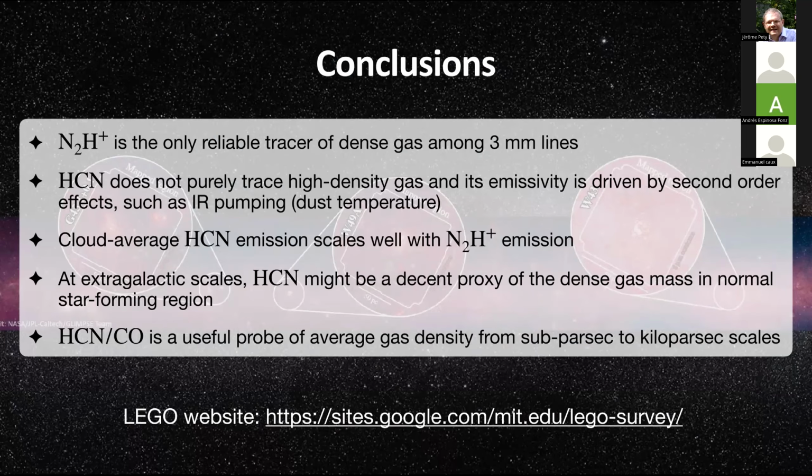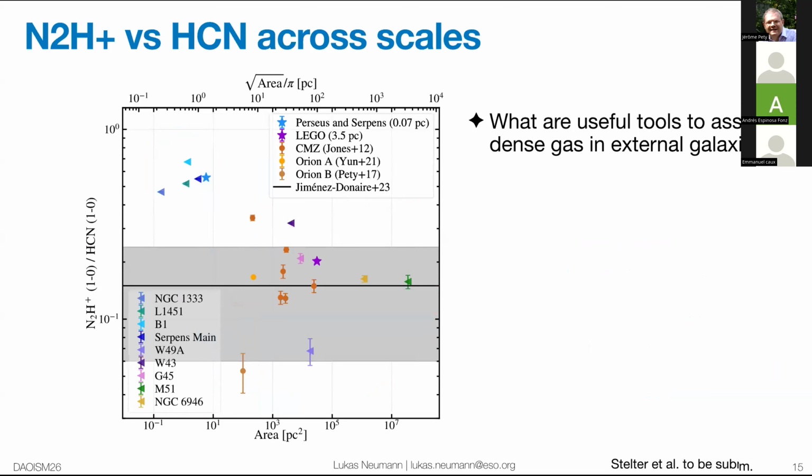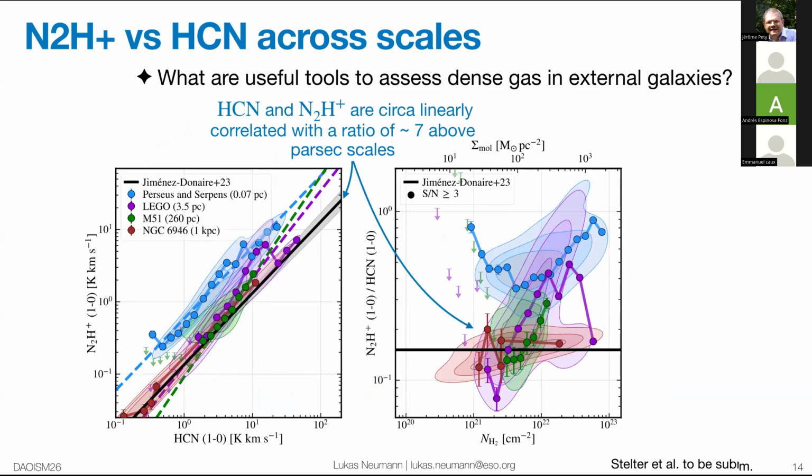Thank you. Very interesting. About the comparison between N2H+ and HCN lines, you talked about the correlation between integrated intensity, but did you check the correlation between line widths and the peak velocity of the lines? Because I think this is more indicative that they trace similar gas.